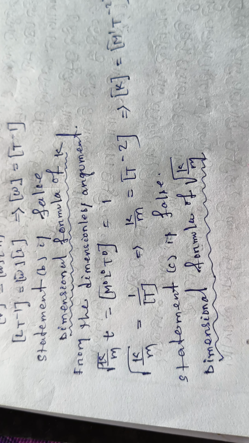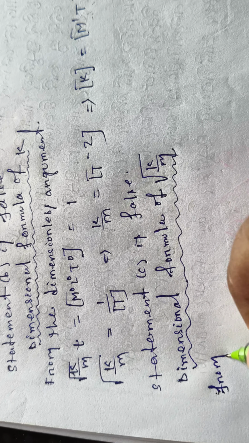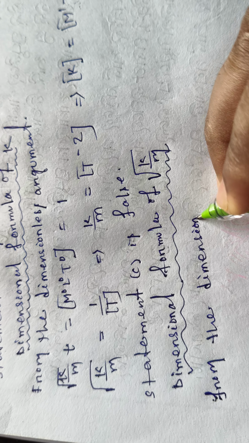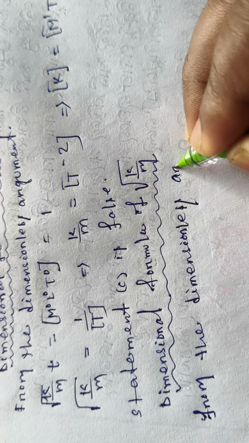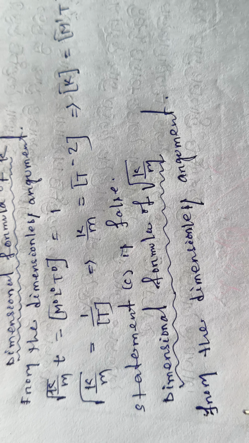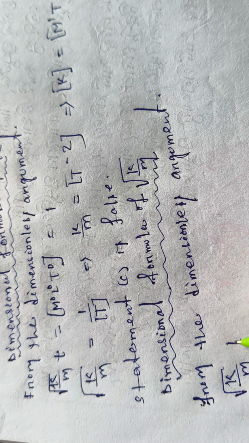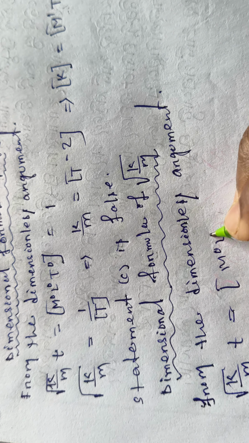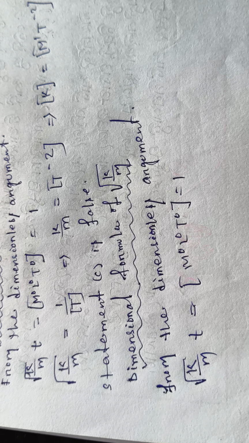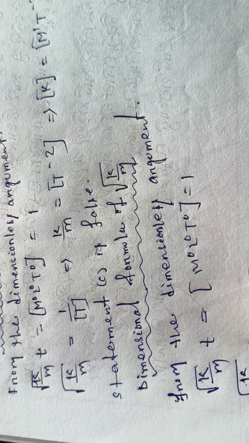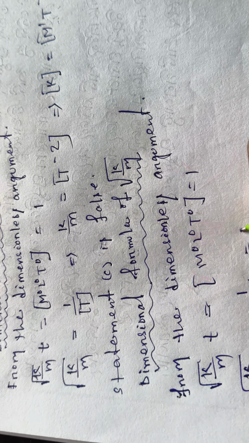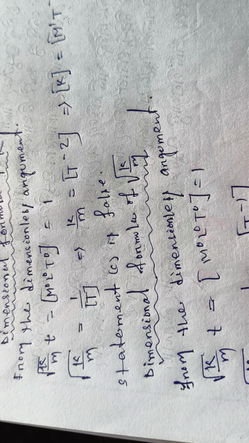From the dimensionless argument, K by M root over of T is dimensionless, that is M0, L0, T0, nothing but 1, it's constant. But K by M root over is equal to 1 by T, yes or no, that is nothing but T inverse.